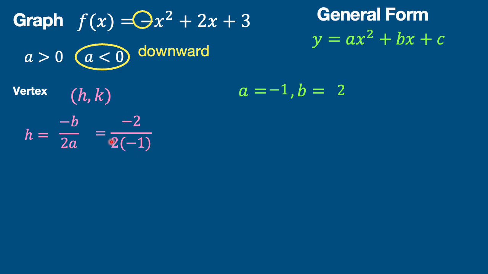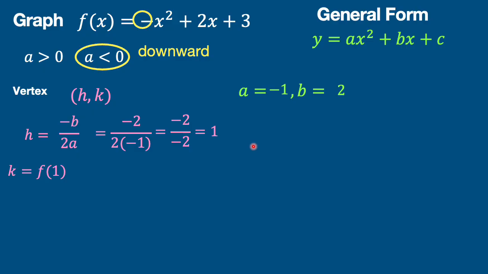Denominator: 2 times negative 1 is negative 2. Negative 2 over negative 2, that's the same number, cancel out, h equals 1. Now we find the x value of vertex. What do you need? The k value. You're gonna plug in h equals 1 in the function, and we can find the y value of vertex.